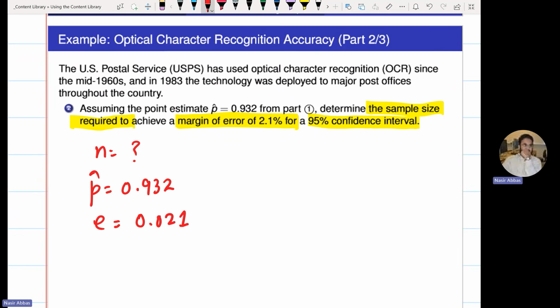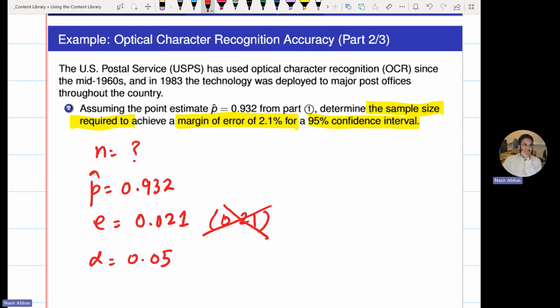This is where many of you will make a mistake and read this 2.1% as 0.21. 0.21 is 21%. 2.1% means 0.021. This is not 0.21. This is 0.021. Then the next piece of information which is given to you is alpha, which is 5%.